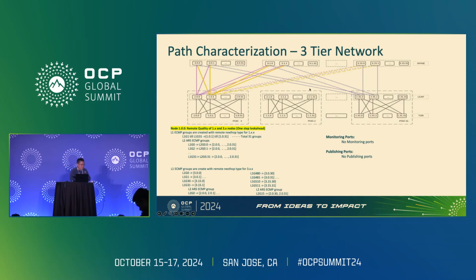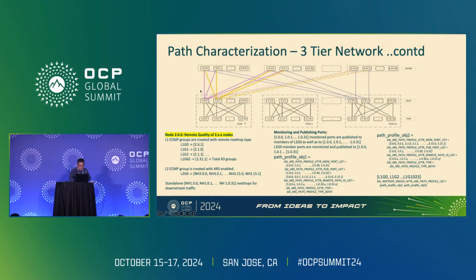When we look at this three-tier network, the ToR 1.0.0 node here would act as a subscriber, so it will listen to the remote quality update from the leaf switch here. Next is the leaf switch, which has two roles.